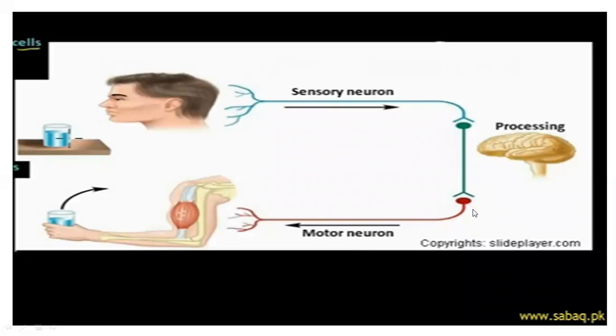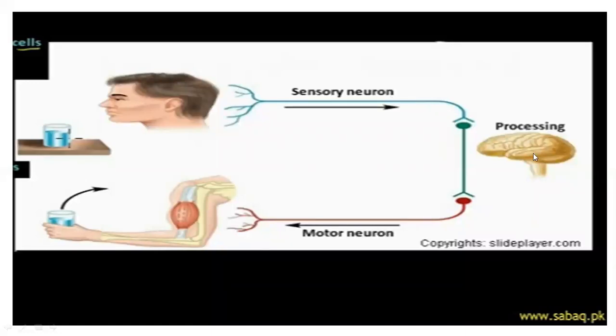Okay, this diagram is also present in your book. This diagram is giving you a complete idea of how our nervous system actually functions. For example, just take an example that there is a glass filled with water and suddenly you feel thirst. So the stimulus of thirst is actually sensed by sensory receptors, and that is carried towards the brain.